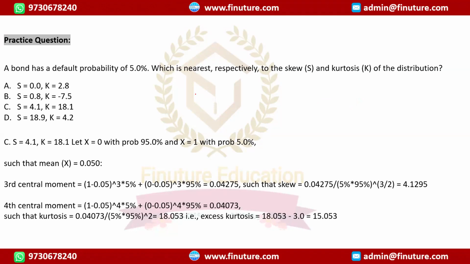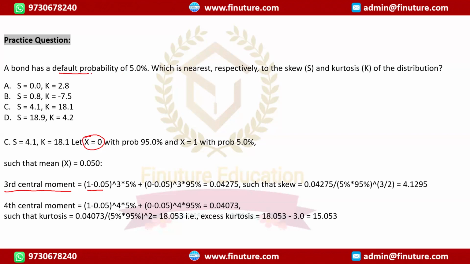So it also says that the central moment, let me read it from here. Okay, this is the option with, let x equal to 0 with a probability. What it is saying, now let me explain you. When you say x equal to 0, that means your bond is not defaulting.